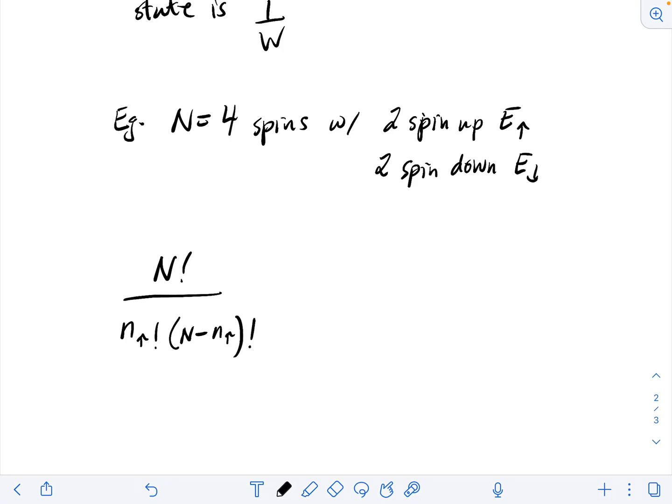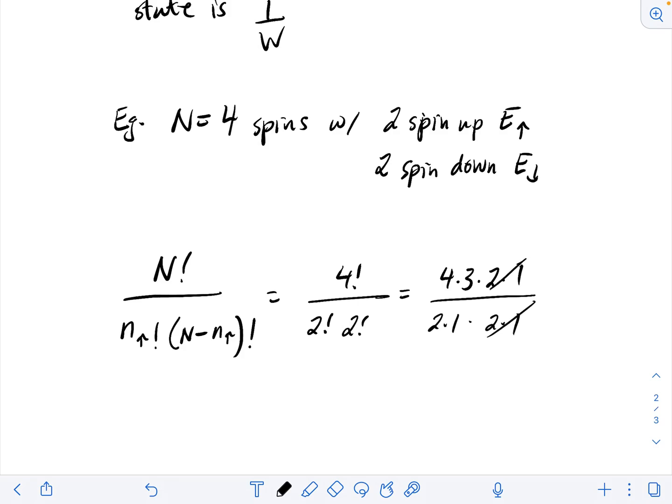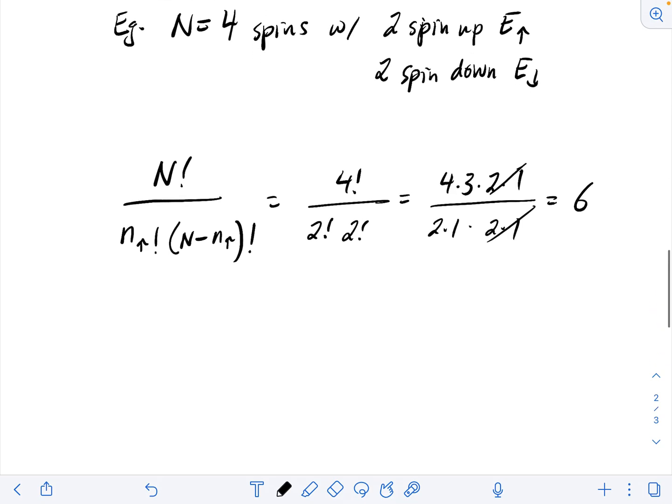For our case, it would be 4 factorial over 2 spin up factorial and 2 spin down factorial, which would be 4 times 3 times 2 times 1 divided by 2 times 1 times 2 times 1. That's 12 divided by 2, which is 6. So there are 6 possible arrangements of the spins that satisfy 2 spin up and 2 spin down.